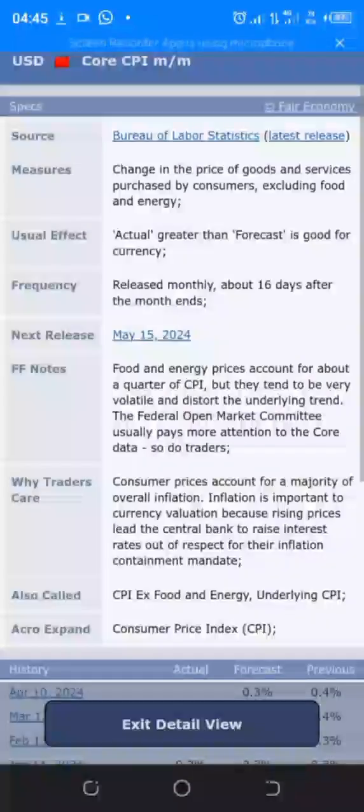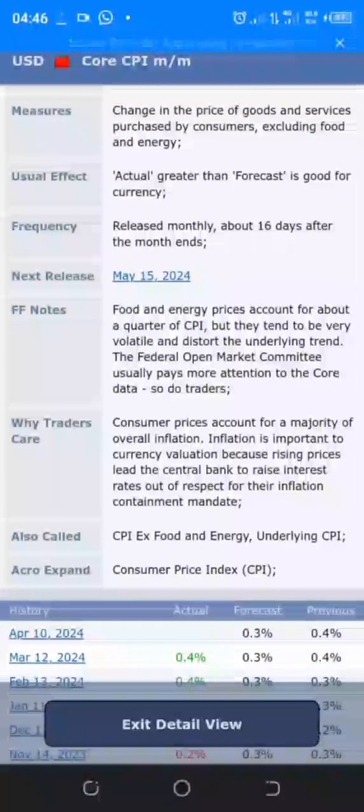Okay, now Consumer Price Index measures change in the price of goods and services purchased by consumers, while GDP measures change in the value of goods and services. This one is the price of goods and services purchased by consumers, excluding food and energy.